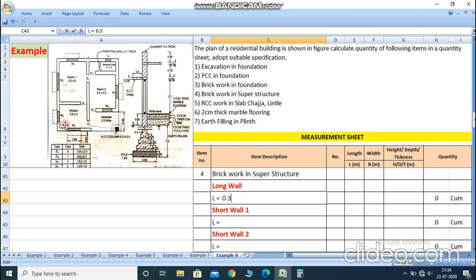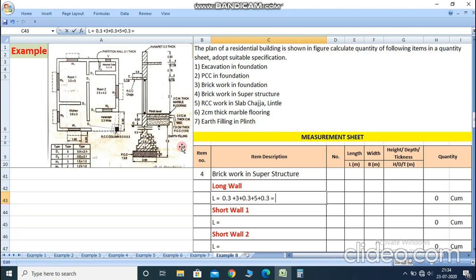So here 3 meter plus 0.3 is the wall thickness, plus 5, plus 0.3.